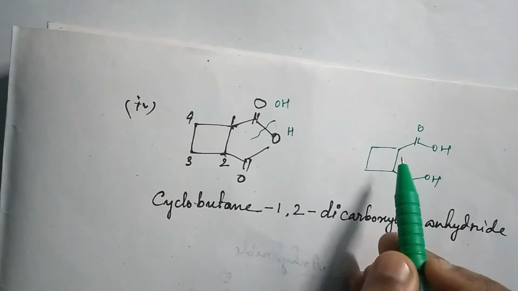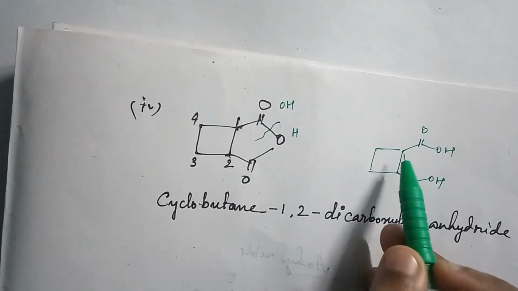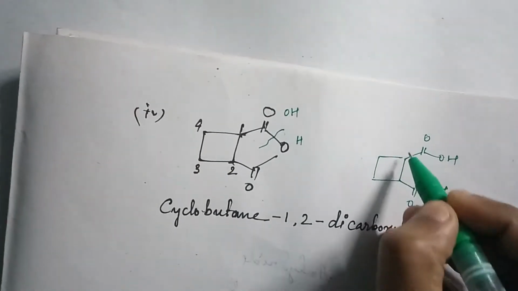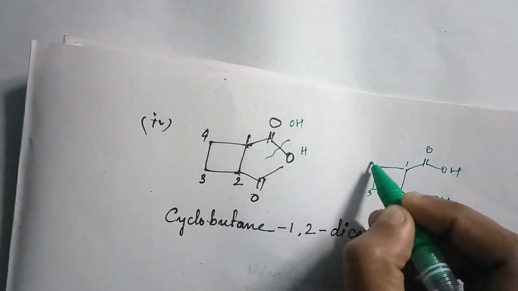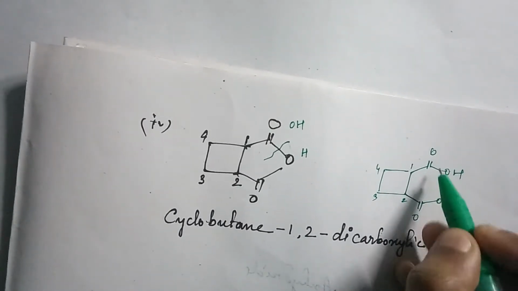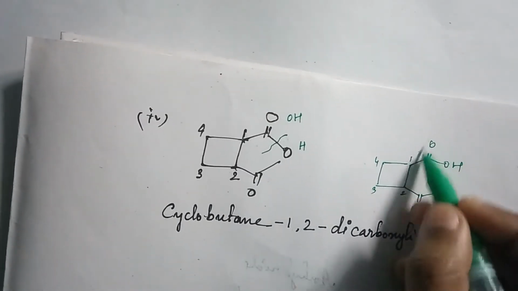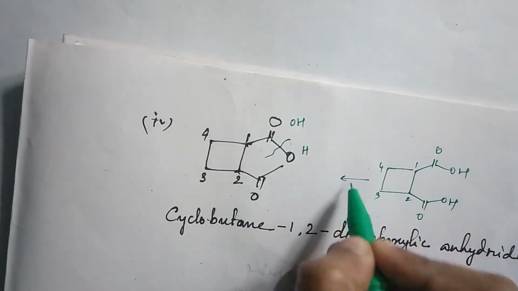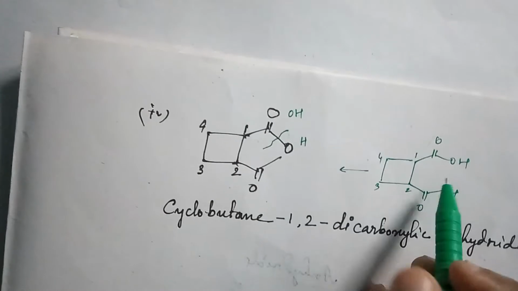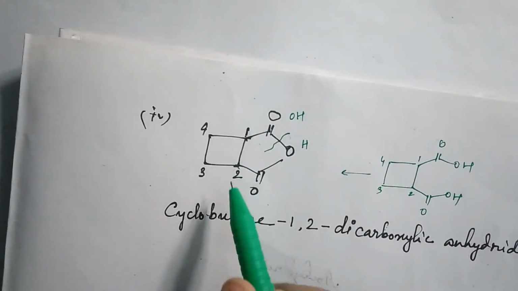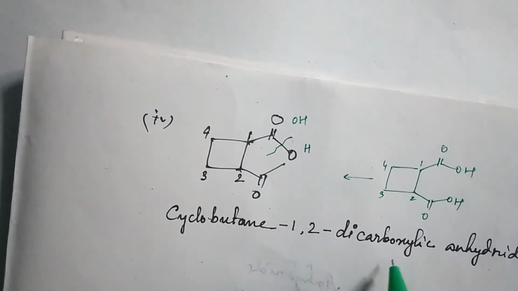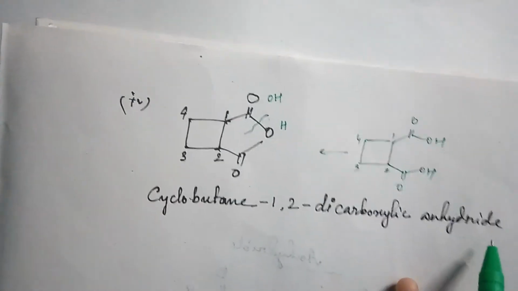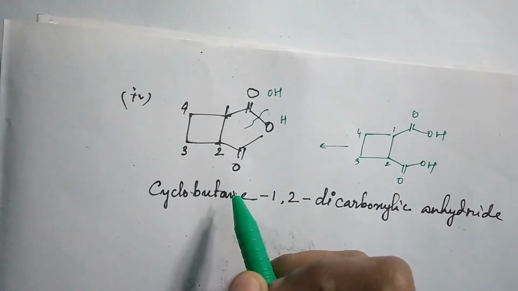Right? Then what is the name of this compound? Cyclobutane 1,2 dicarboxylic acid. 2 carboxylic groups are present here. Now from this acid you are getting this anhydride, right? So cyclobutane 1,2 dicarboxylic anhydride, the name of this compound.